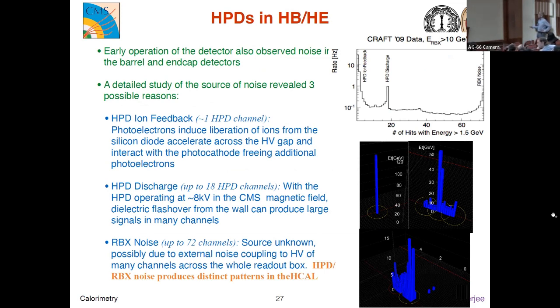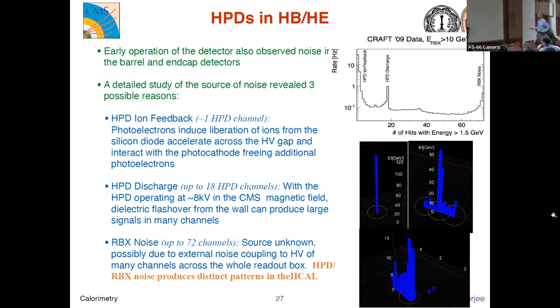Now, HPDs also had problems for the barrel and endcap detectors, and we saw substantial noise in the readout from both HBs and HEs, and we saw periodicity in this noise. We saw there are three types. For the first, it is the noise in an individual channel, and this is essentially due to the so-called ion feedback.